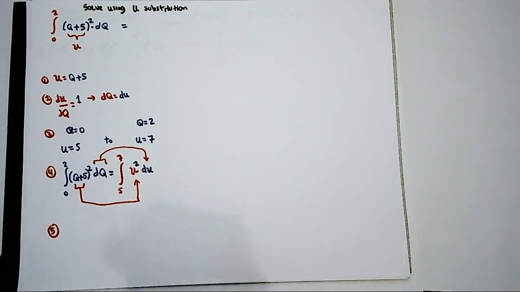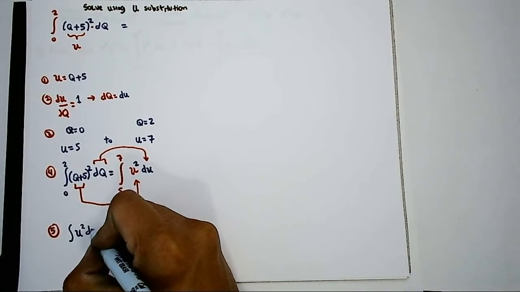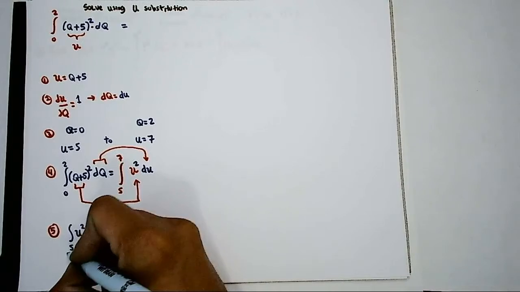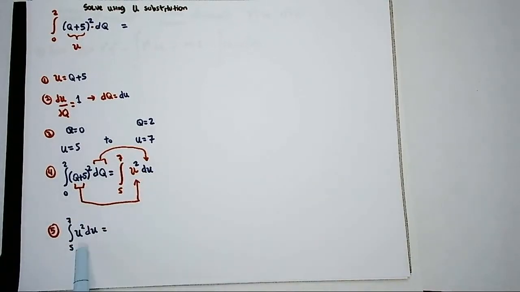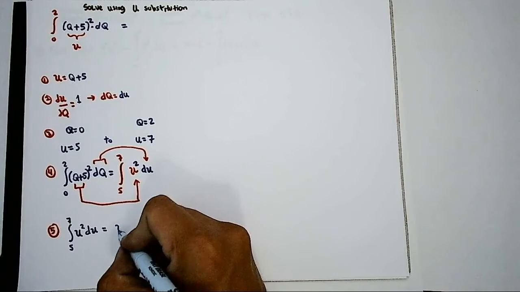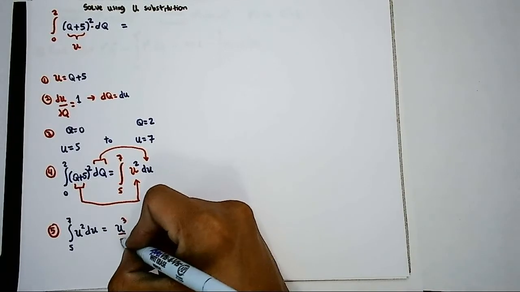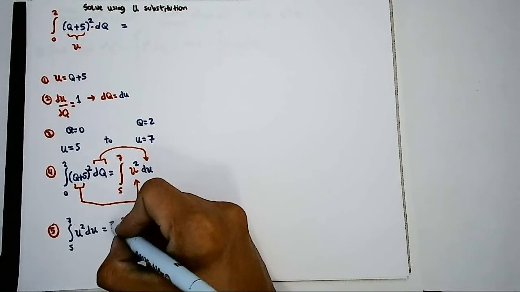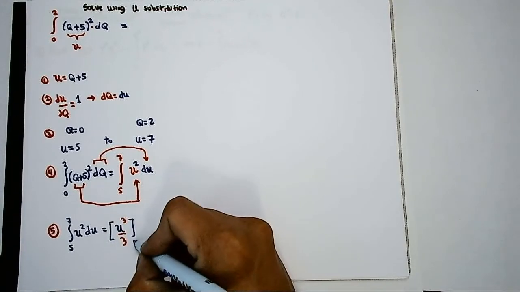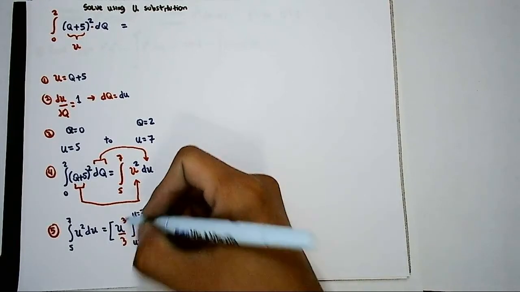Now that we have our integral in terms of U, we can proceed with the integration. The integral of U² is U to the third divided by 3, and this goes from U equals 5 to U equals 7.